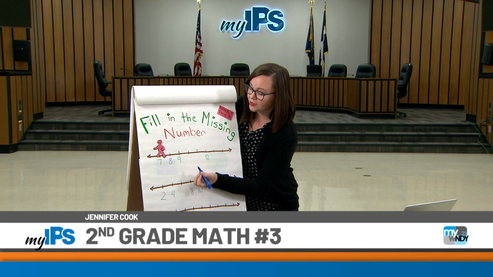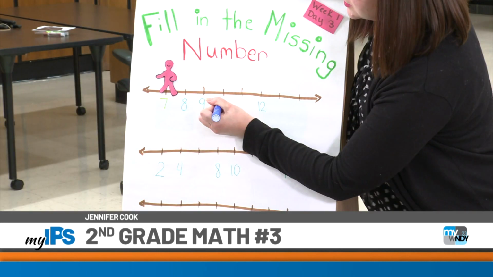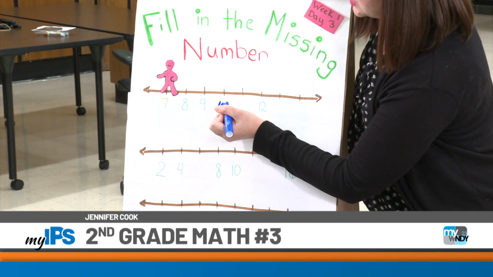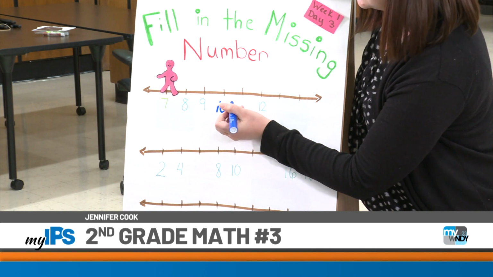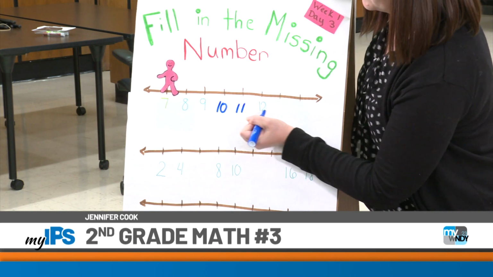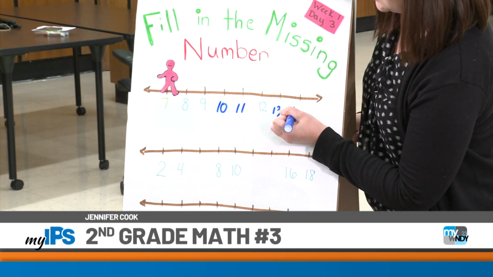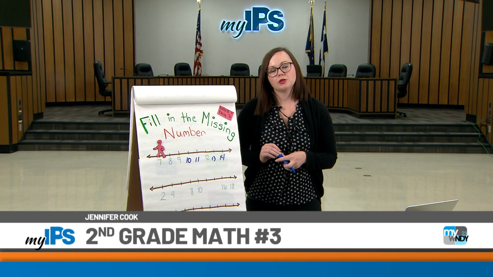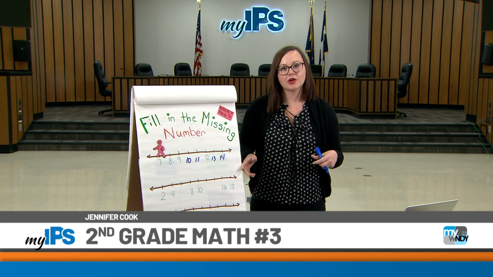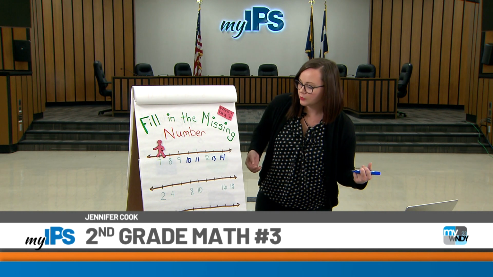So I'm just gonna fill in my missing number here, 7, 8, 9, 10. And then the next missing number is 11, 12, 13, 14. Well, that was way too easy for second graders. So let's move on and see if we can have a little bit more of a challenge.